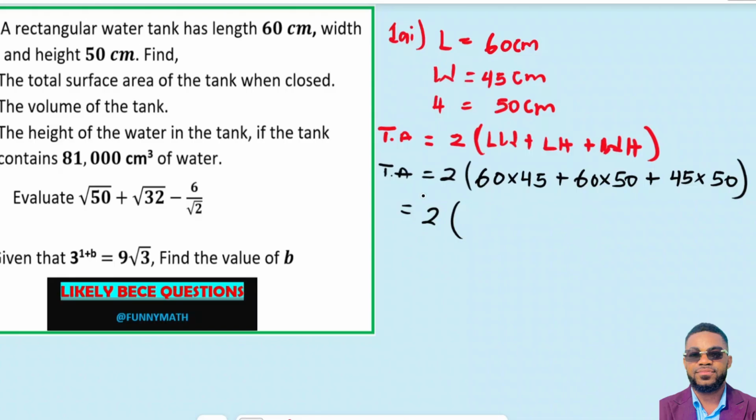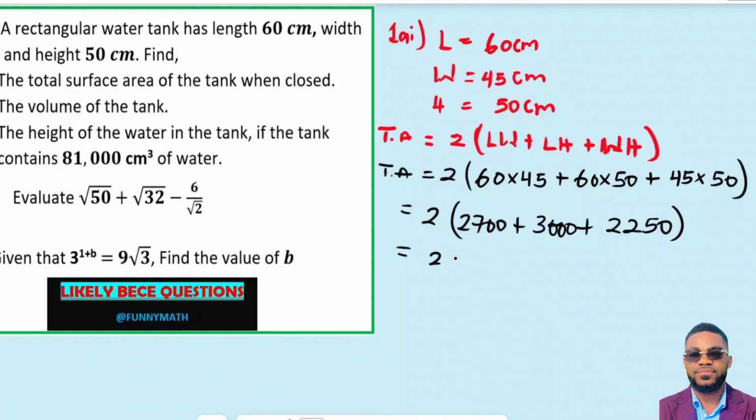So we have 60 times 45, and that's going to give us 2,700. So we have 2,700 plus 60 times 50. That's very simple. We just have to multiply the 6 by 5 to get 30. So that's going to be 3,000. Plus 45 times 50. So that also gives us 2,250.